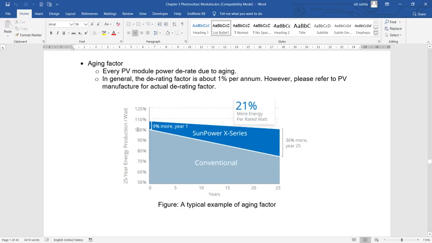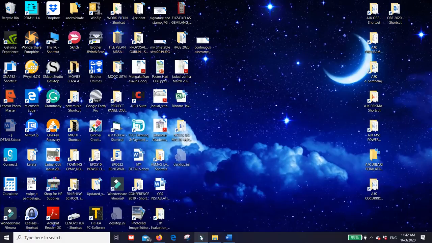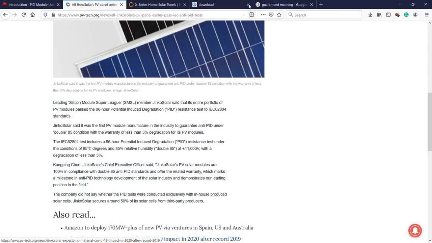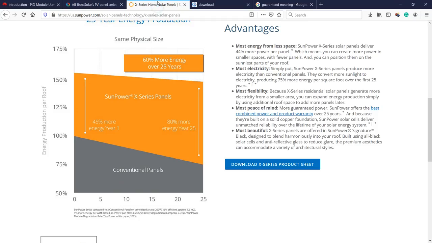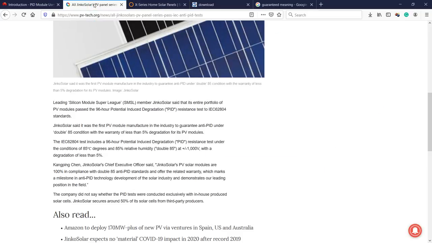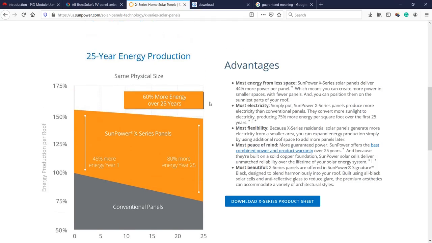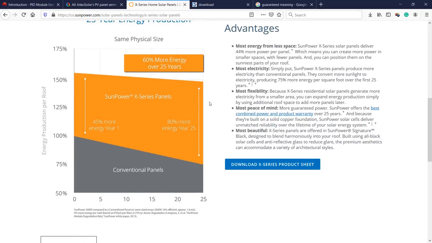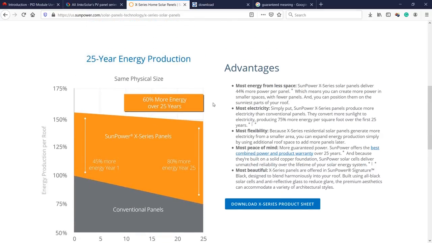So during the first year, the performance is 100%. After 25 years, it goes below 80%. Another example here for the SunPower X series.